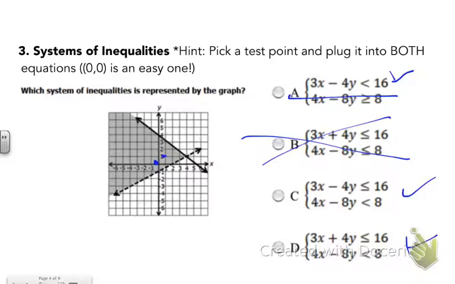So what's going to help is if I put these in slope-intercept form, then I can figure out which one actually matches it. So to do that, I'm going to get y by itself. So I get y is greater than or equal to, because if I subtract 3x and then divide by -4, I get 3/4 x minus 4.